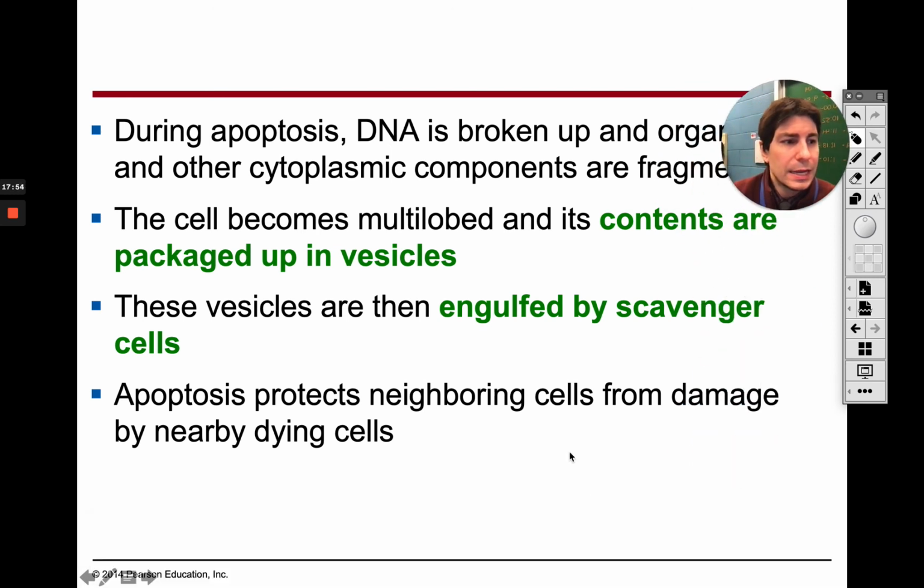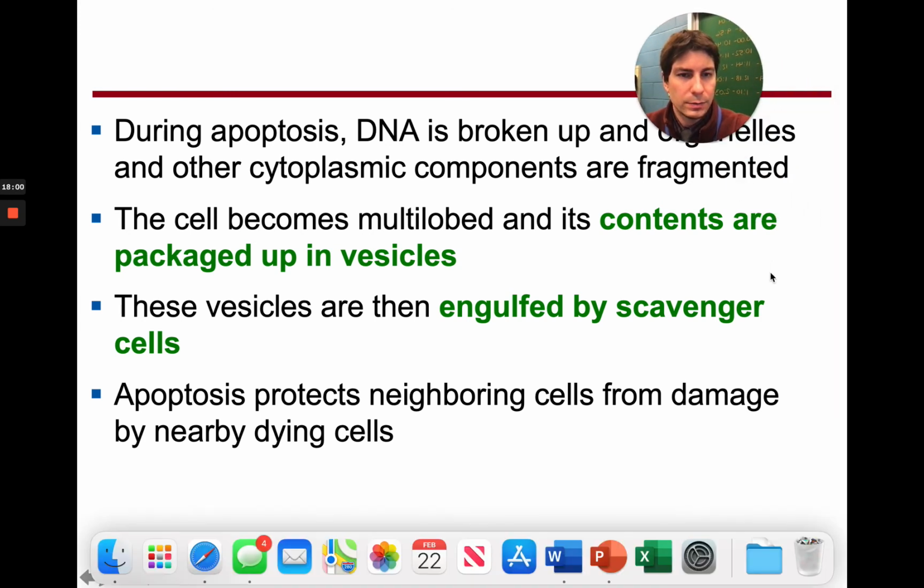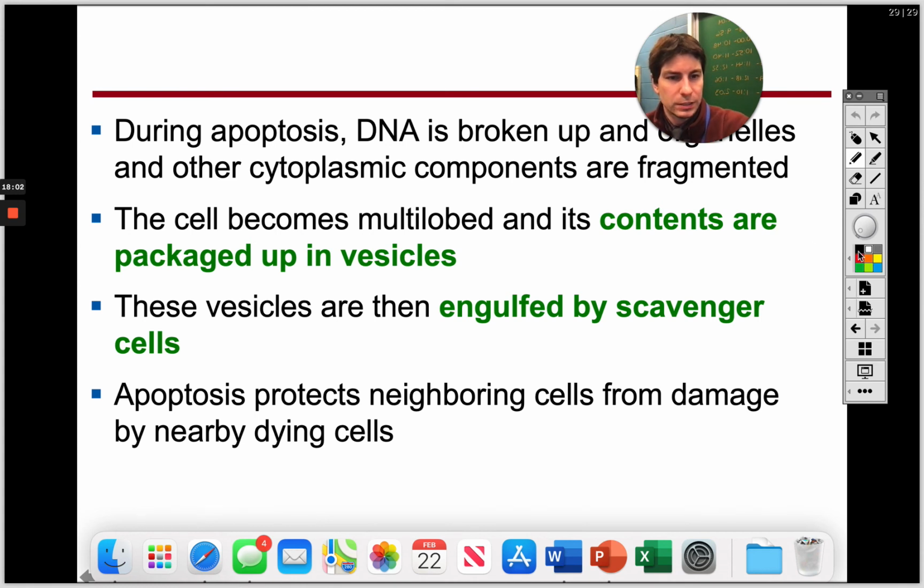So in apoptosis, and I know we talked about these words earlier in the year, we talked about hydrolysis and cytolysis. If you remember, cytolysis was the explosion of the cell if the cell is hypertonic to the outside hypotonic environment, and that could cause the cell to get so big that it bursts.